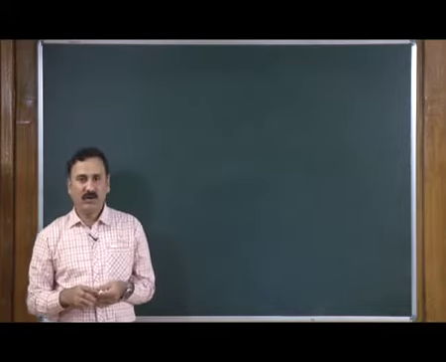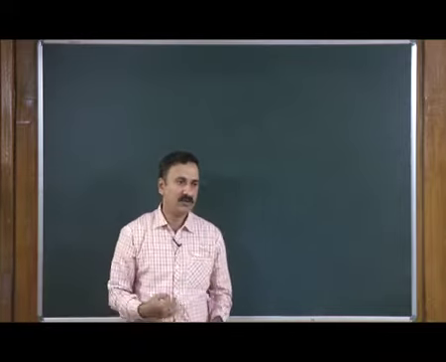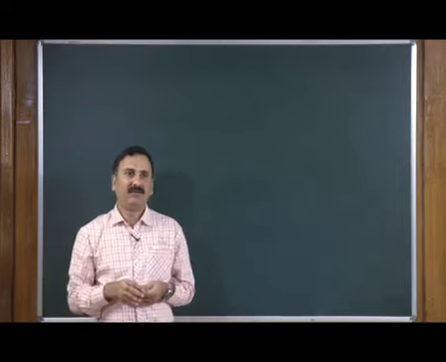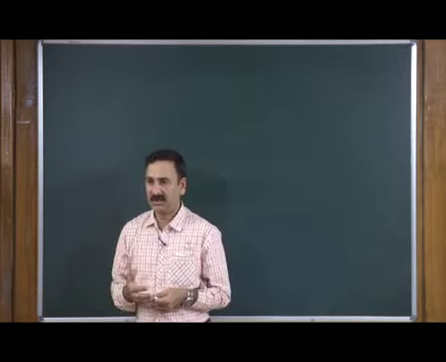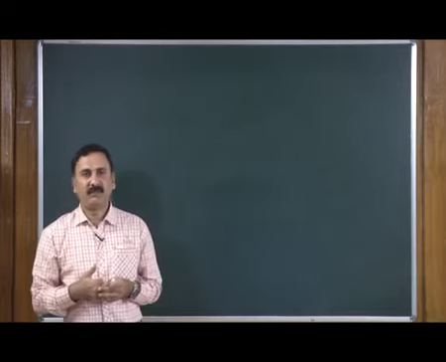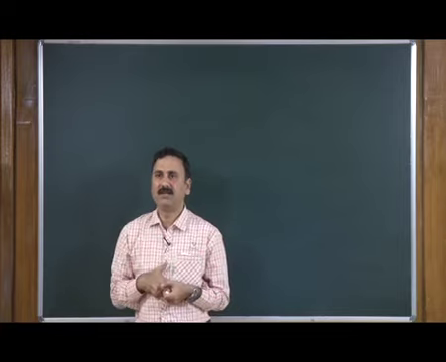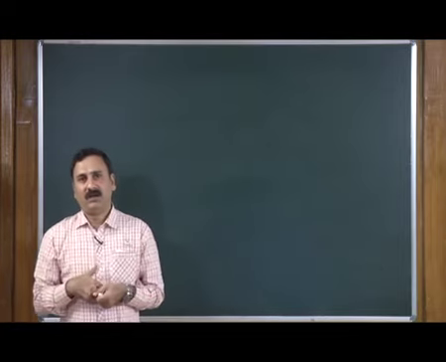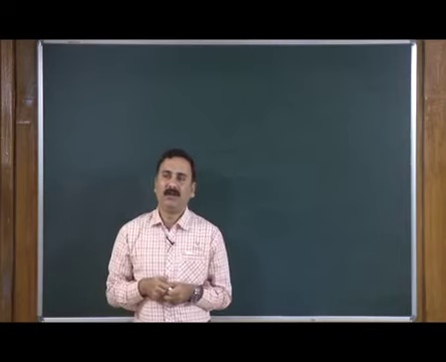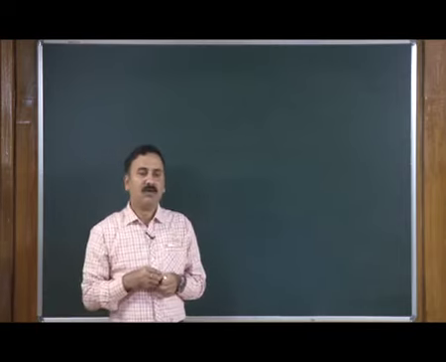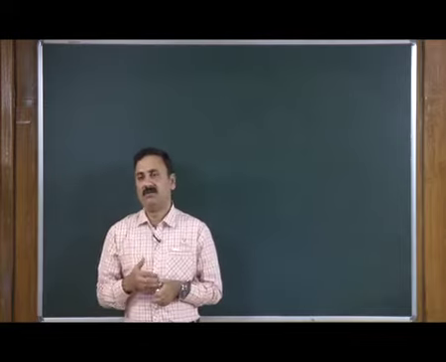So, let us continue our discussion about sexual reproduction in flowering plants. In the previous lecture we discussed the male sex organ, how the pollen grains are formed in it, and the dispersal of pollen grains from one flower to another.